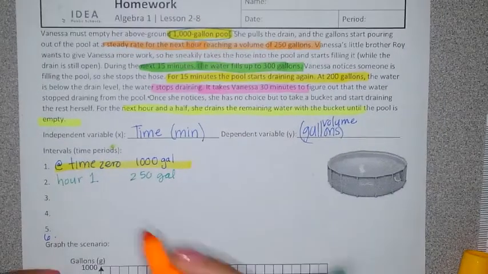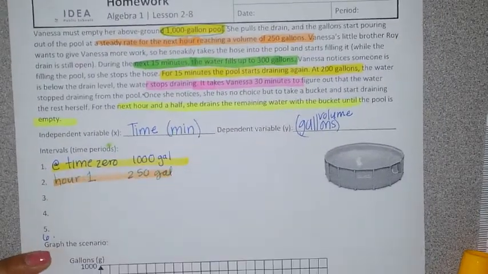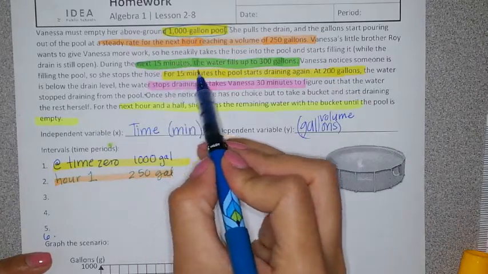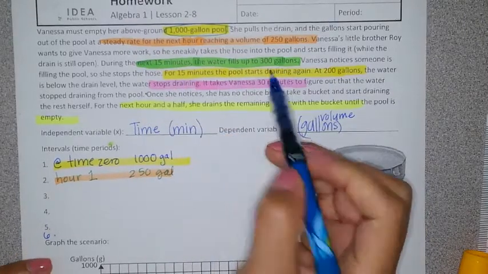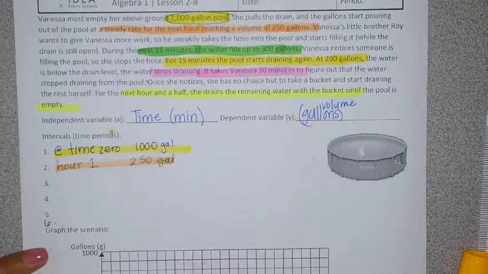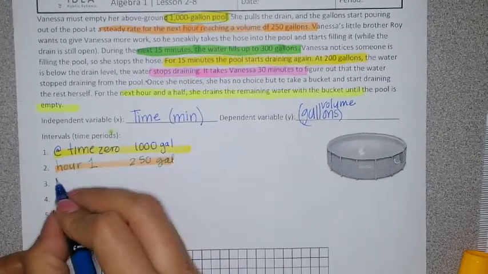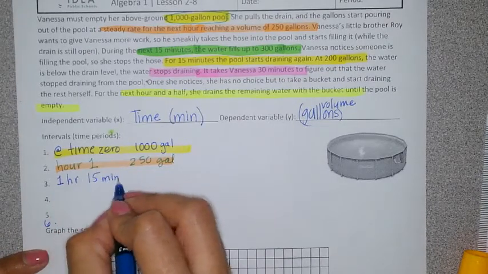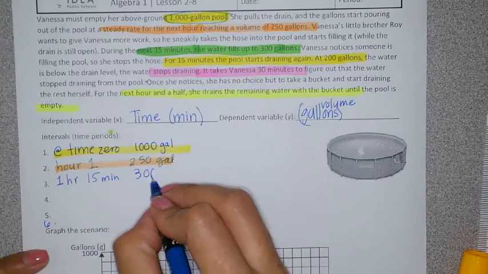That's our orange. Then 15 minutes, it goes up to 300. So plus 15 minutes more, we're at 1 hour and 15 minutes now. If you add 15 minutes, we are at 300 gallons.